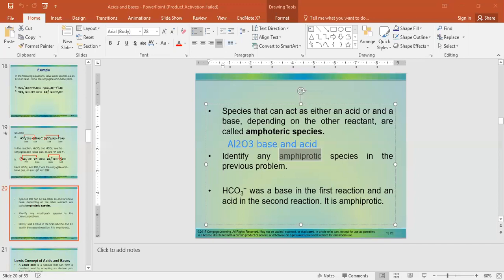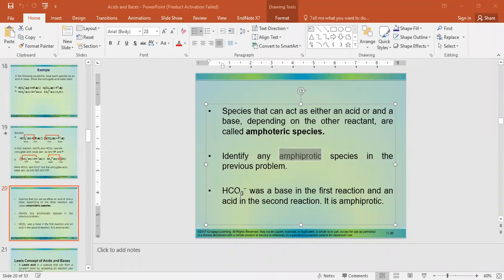For example, some oxides are amphoteric, but they are not amphiprotic because they cannot release or accept protons. And I've given an example of aluminium oxide. This aluminium oxide does not have any protons that it can exchange with any other species.